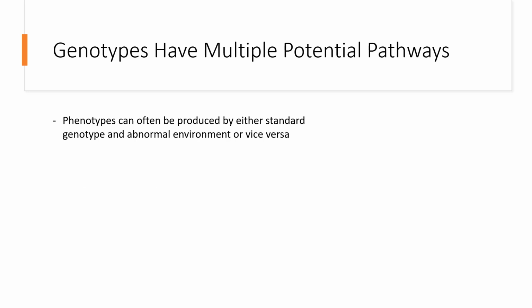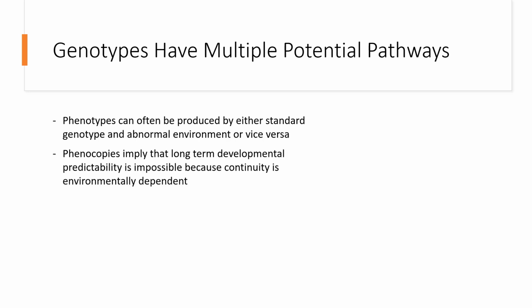It is important to note that phenocopies imply that long-term developmental predictability is impossible, because continuity in development is environmentally dependent, and a perturbation in the environment can easily switch a genotype from one developmental pathway to any other of its possible developmental pathways.